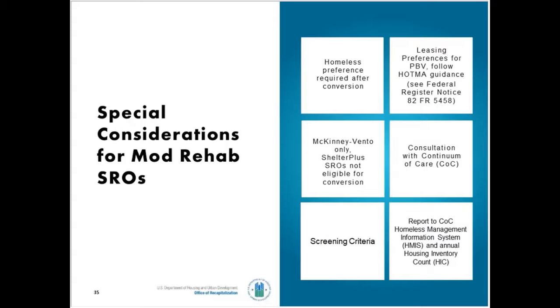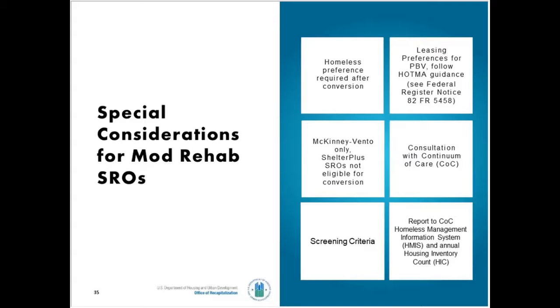And as we stated earlier in the presentation, one of the first 3 steps is that you will need to consult with the Continuum of Care agency to inform them of your intent to convert the Mod Rehab SRO contract to either PBV or PBRA, and you'll have to upload a letter from the Continuum of Care indicating their support for the conversion. Also, you will continue to report to the CoC Homeless Management Information System and annual housing inventory count.